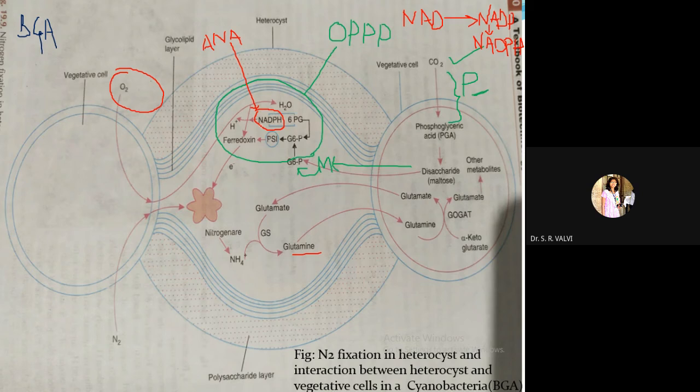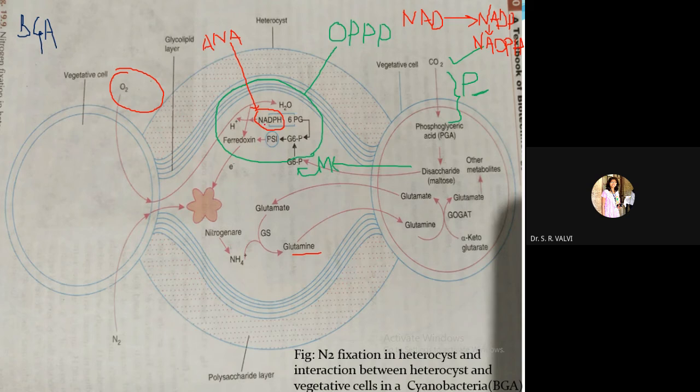In the inner heterocyst cell, oxygen is not written. Oxygen which is present in the environment outside of the cell is taken up by NADPH. And when NADPH combines with the oxygen, it creates the environment, listen very carefully, so that ferredoxin gets reduced over there.